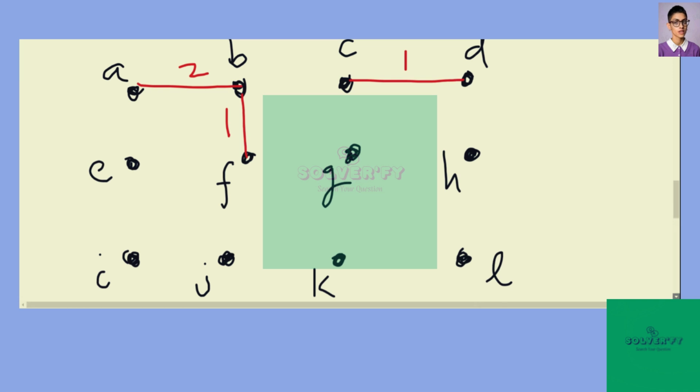EA as an edge. CG is an edge. HG is an edge.